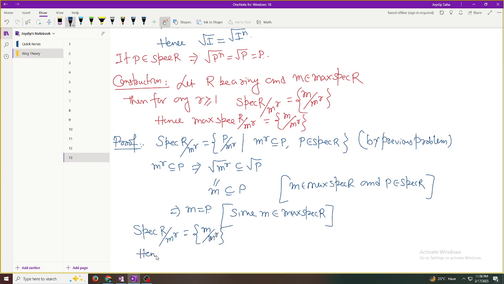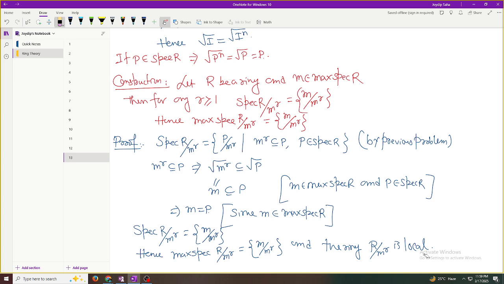Hence max spec of R mod M to the power r is also M mod M to the power r, and the ring R mod M to the power r is local. So we have constructed an example of a local ring.